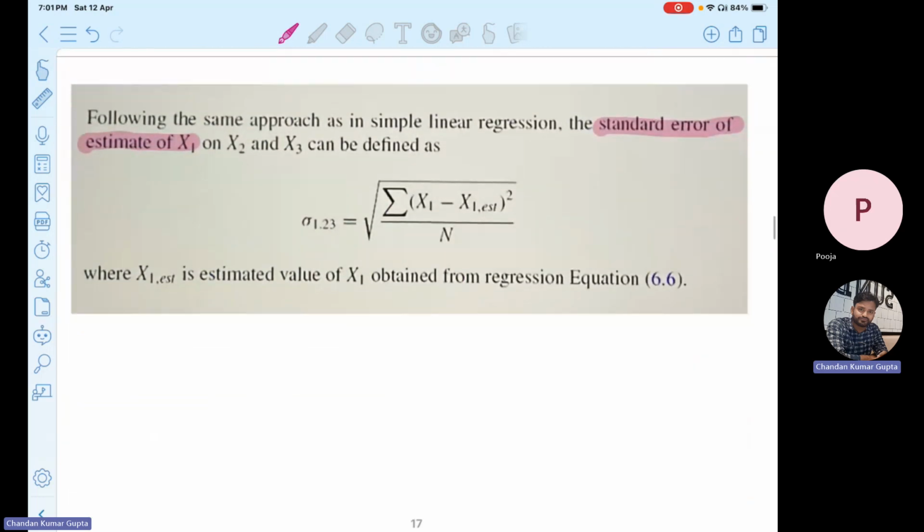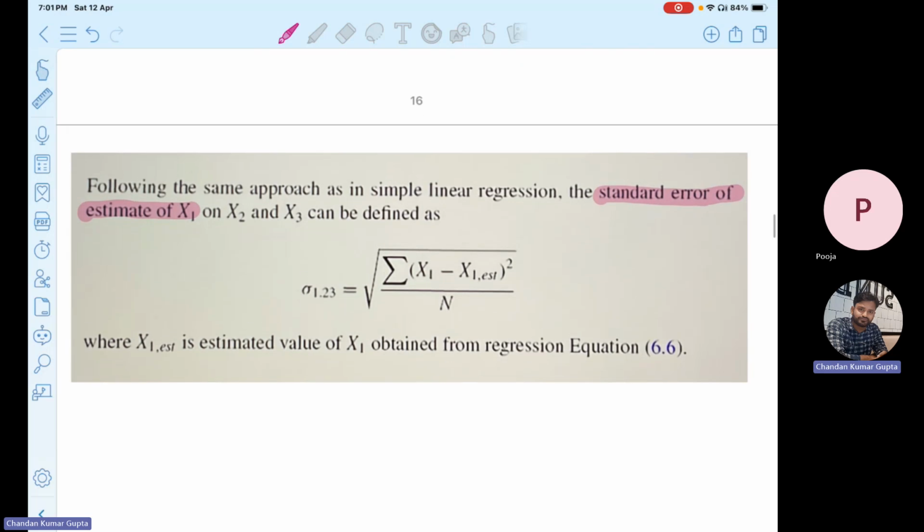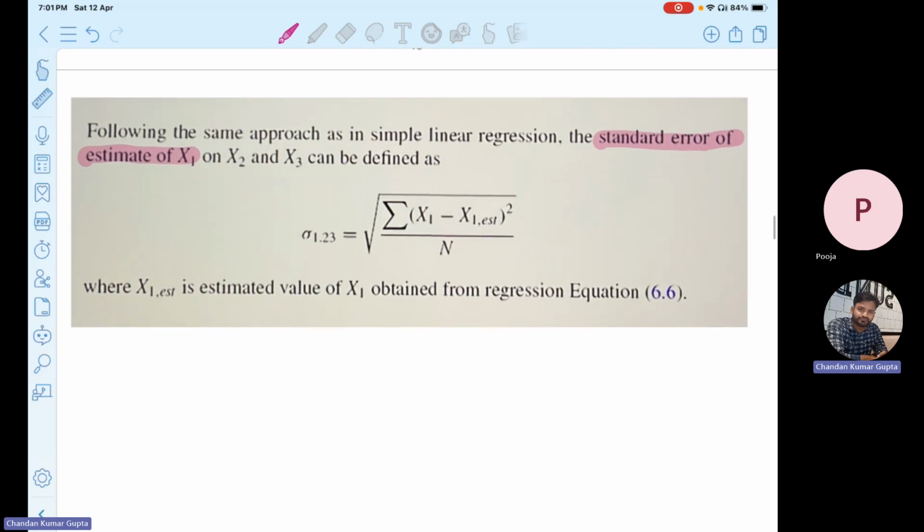The next is the standard error of these partial regression coefficients. Following the same approach as in simple linear regression, the standard error of the estimate of x1, because x1 depends on x2 and x3.